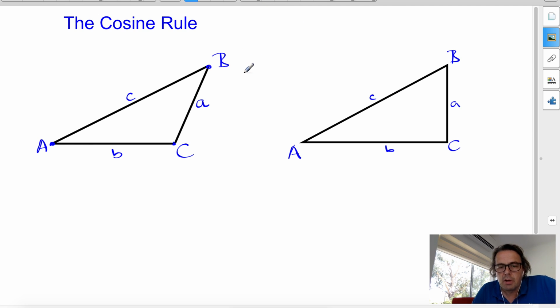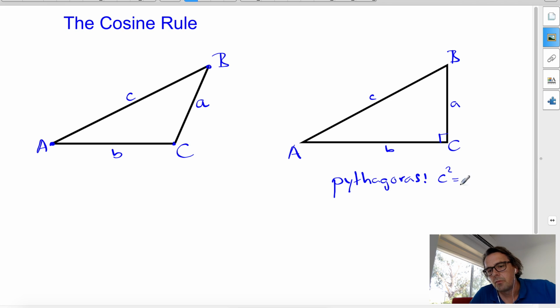Now what we're after here is the cosine rule, and I'm not going to prove it to you, but let's have a look here at this triangle first. This is a right angle triangle, or it is now. And in that right angle triangle, you know from Pythagoras that c squared is a squared plus b squared.